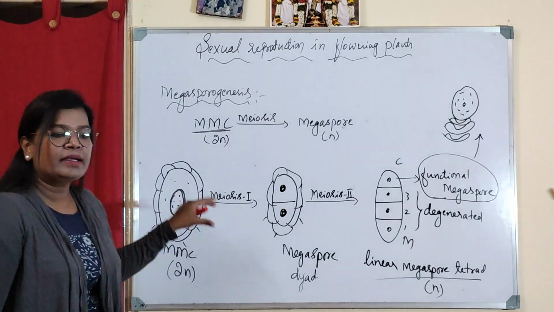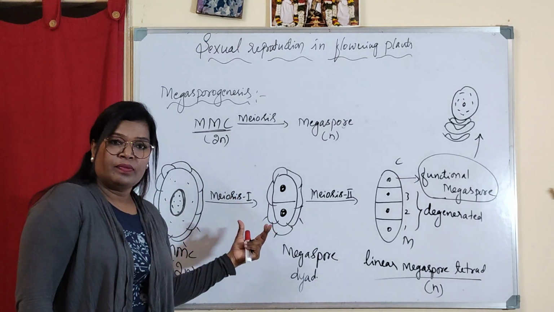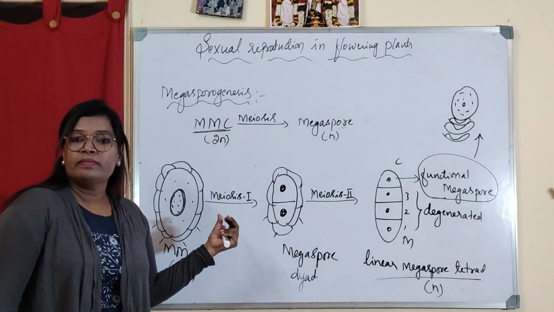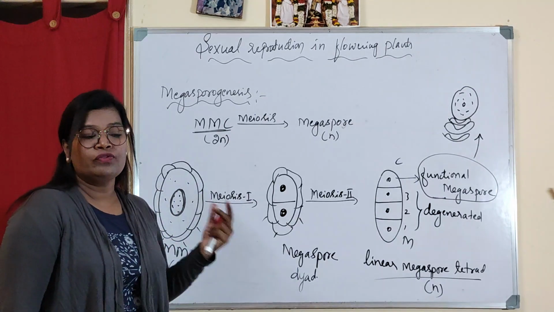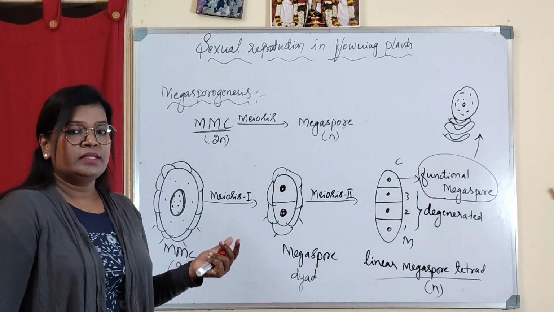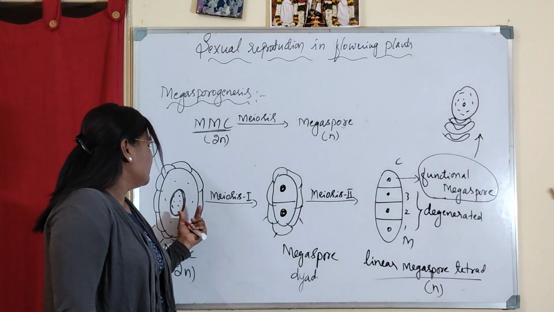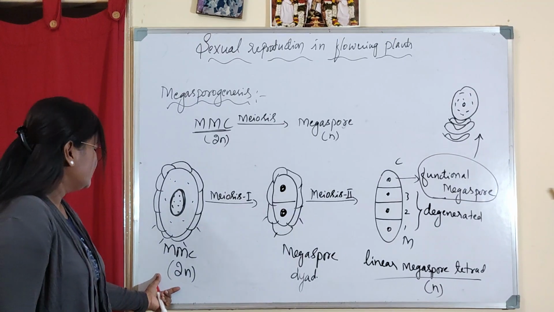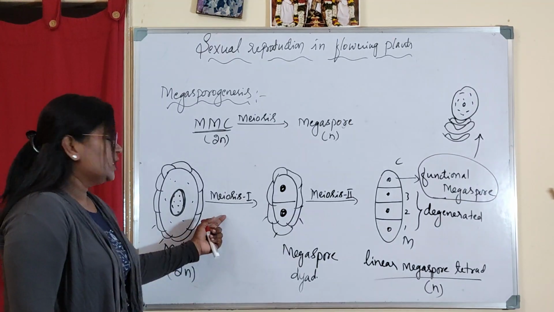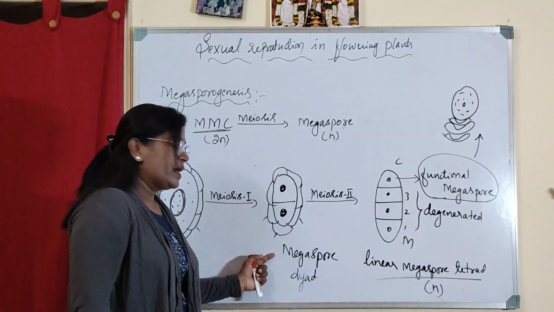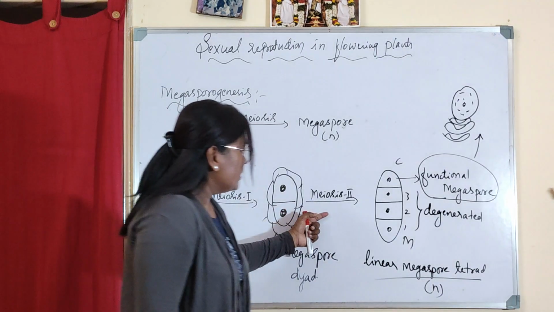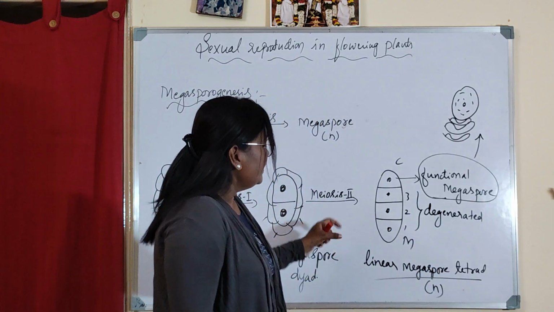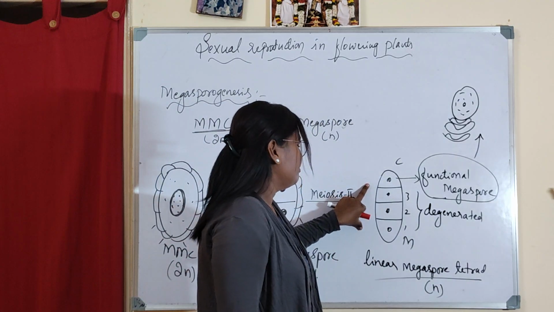It is not directly formed in the megasporangia, that is the ovule. The archisporium cell divides to form the primary sporogenous cell, which divides to form the megaspore mother cell, which is diploid. It undergoes meiosis 1 to form the megaspore dyad and then meiosis 2 to form the linear megaspore tetrad. Four megaspores are formed.